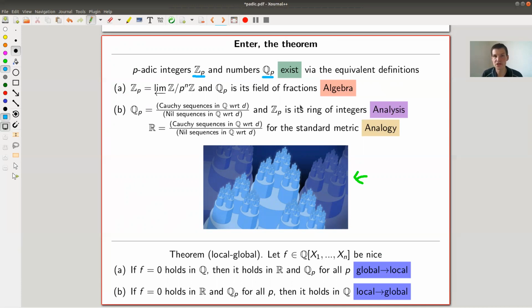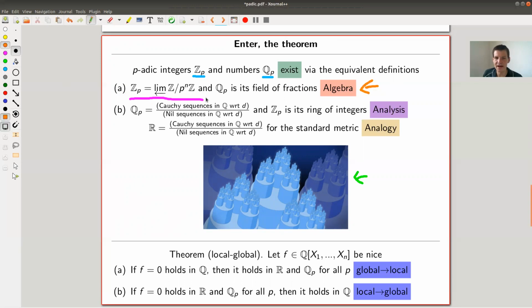Either the algebraic definition that I basically gave you: in terms of formal algebra, it looks like the inverse limit of Z mod p to the n Z. And then Qp is just the field of fractions. The relationship between Zp and Qp is the same as the relationship between Z and Q. One of them is the field of fractions of the other, and the other one is the ring of integers of the other. So this is the algebraic construction.